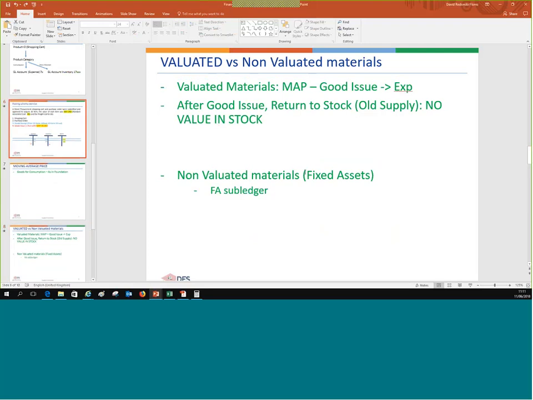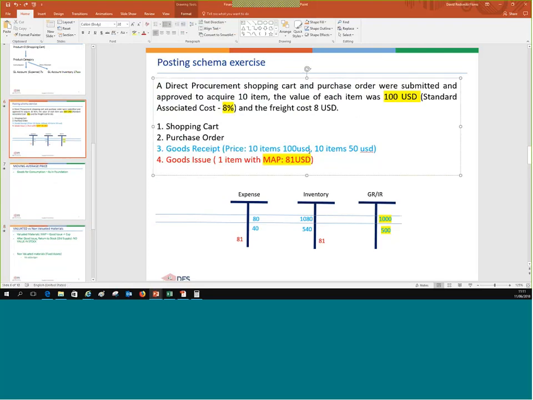So if we acquired 10 items at $100, and then we acquired 10 items at $100. But now, let's imagine that someone is acquiring vehicles, and they don't realize they are copying from a different shopping cart, and then all of a sudden they acquire one vehicle and they select the wrong product ID.